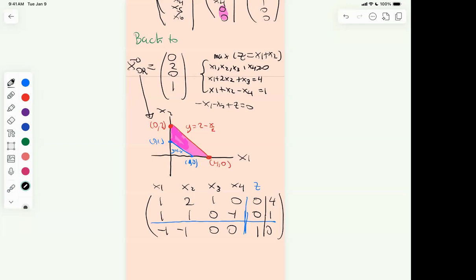But what does it mean to be a basis in the simplex method?